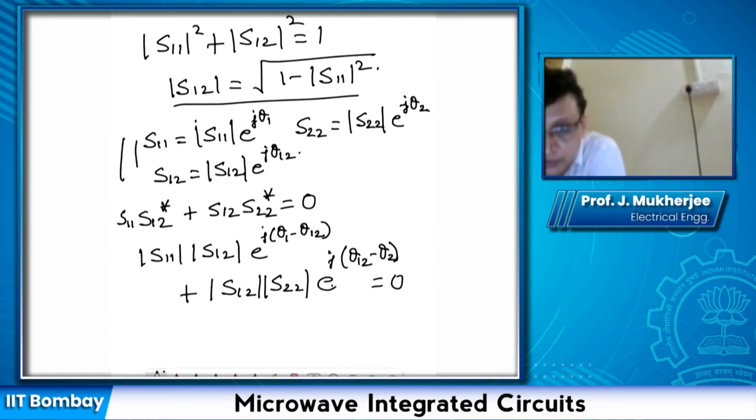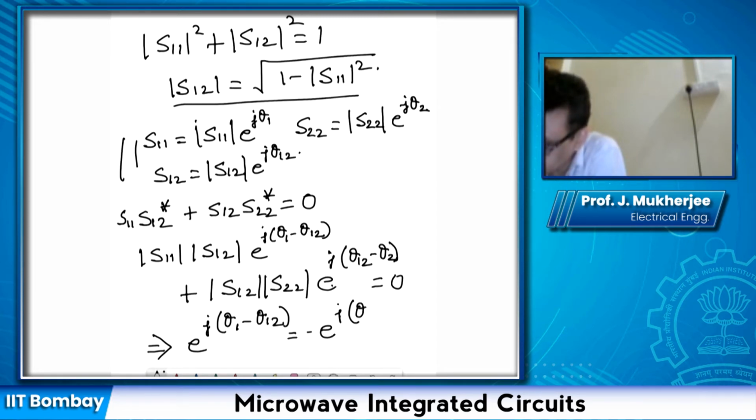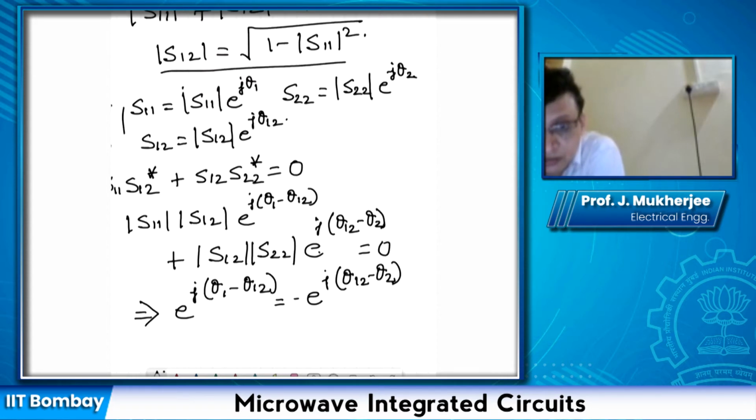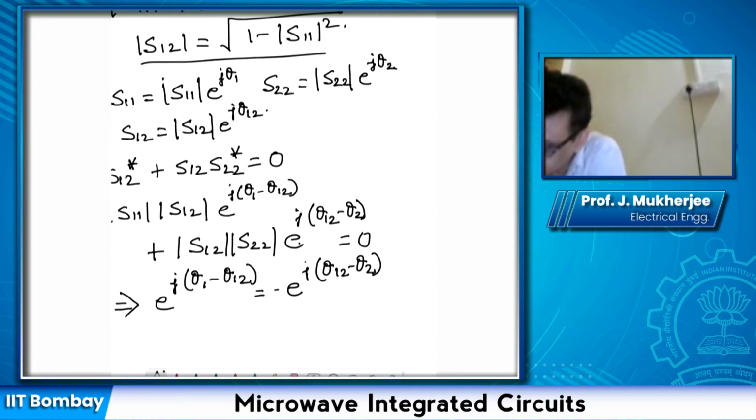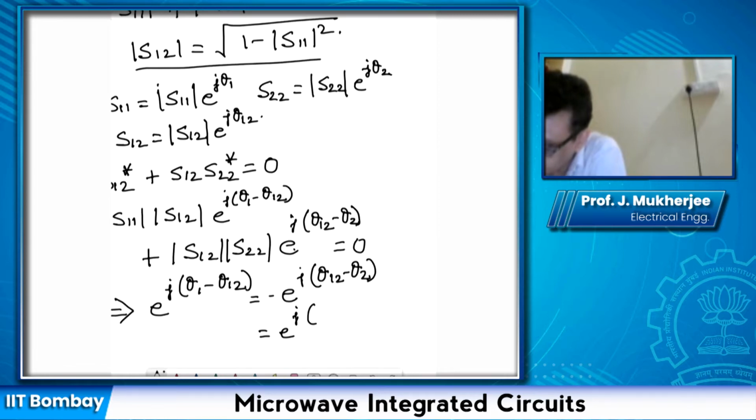okay, so from here we can write one expression like e raised to j (theta 1 minus theta 12), and that is equal to minus e raised to j (theta 12 minus theta 2). Okay, so then this is equal to e raised to j (pi plus theta 12 minus theta 2).